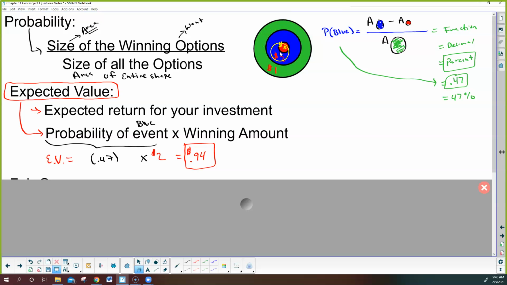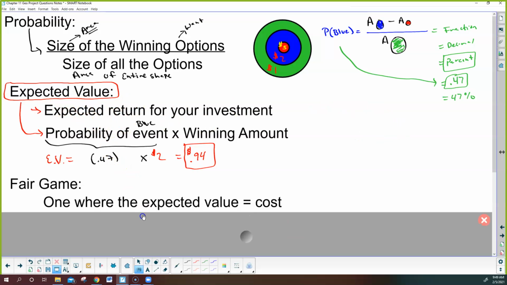Because it's not just the blue, it's the green and the red. And I sent a video link for you guys to watch if you were having questions on expected value. I think I did. If not, I'm going to put it in the chat, and it'll go over another example like this. Now you might still have some questions about it. There's one more example we're going to do with expected value in the next slide.